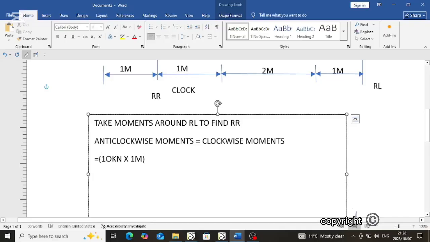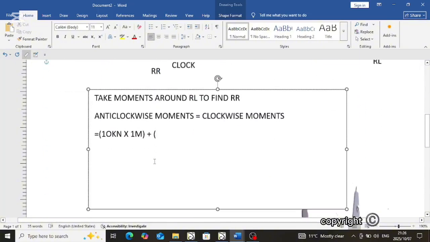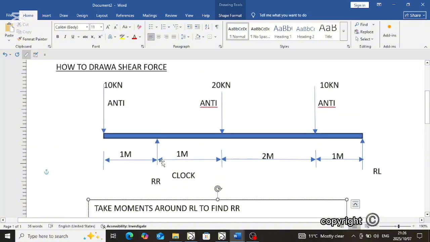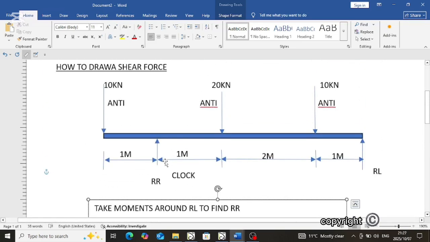plus 20 kilonewton multiplied by the distance. Our distance is 1 meter plus 1 meter, which is 2 meters. Let me check. We are taking moment around RL to find RR.